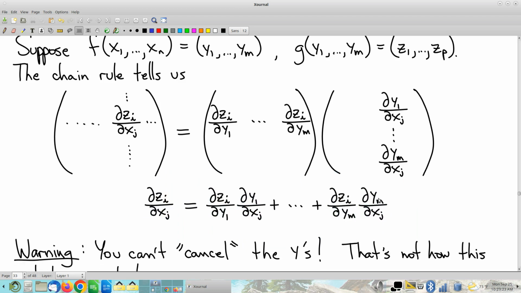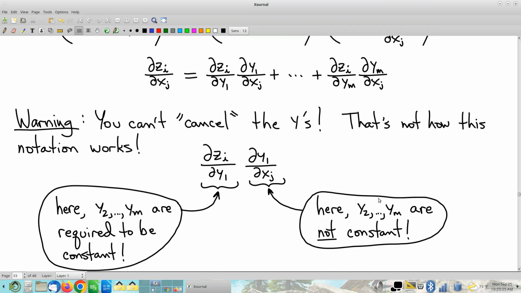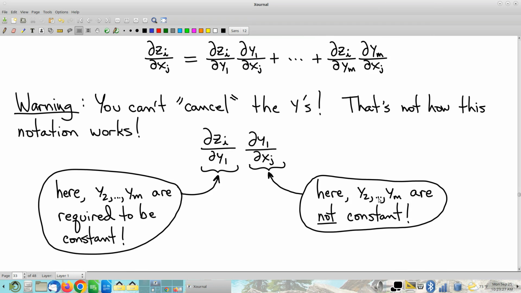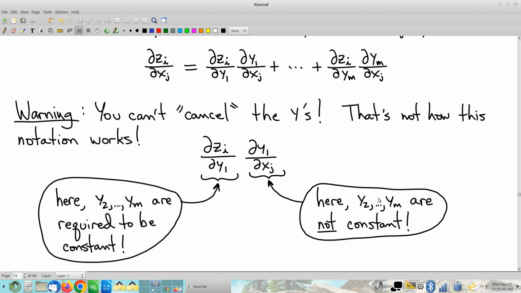A couple of things to point out about this. One thing, you've got to watch out for a little white lie that they tell you in some single variable calculus classes about canceling differentials. And I want to point out how wildly nonsensical that is in this case. For one thing, and this isn't the reason you can't do it, but this is evidence that you'd better not be able to do it.